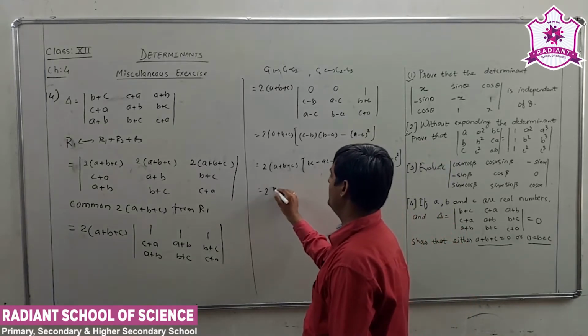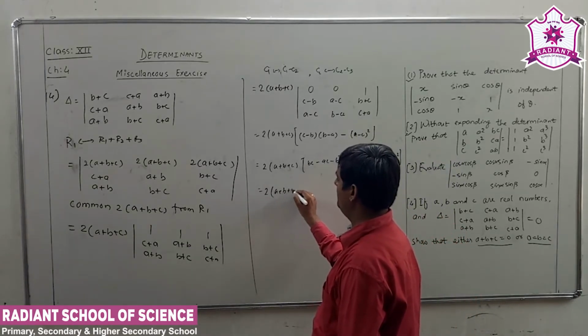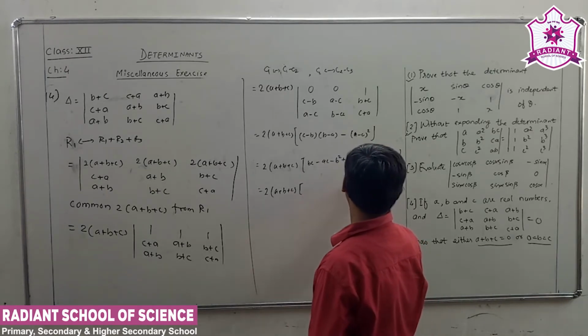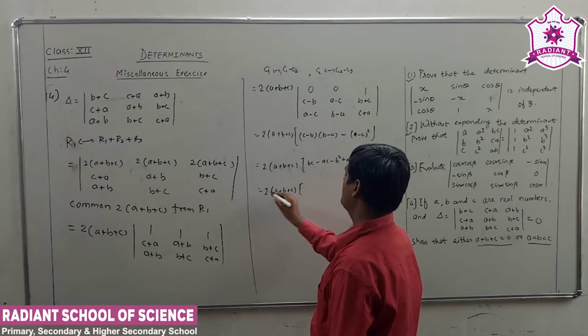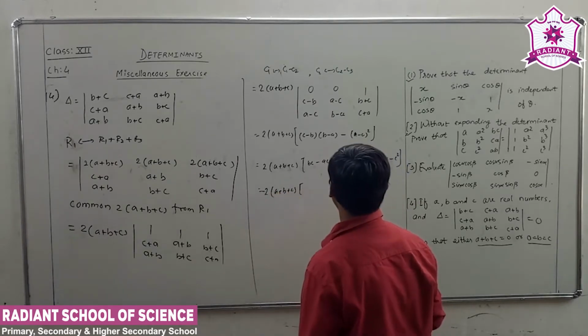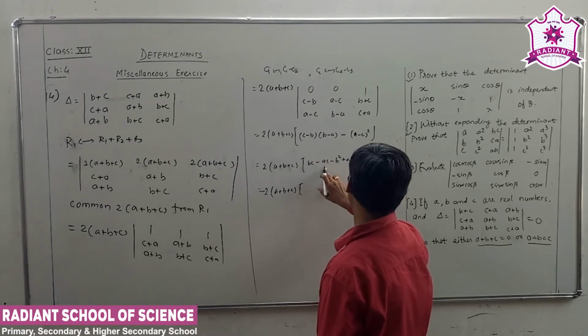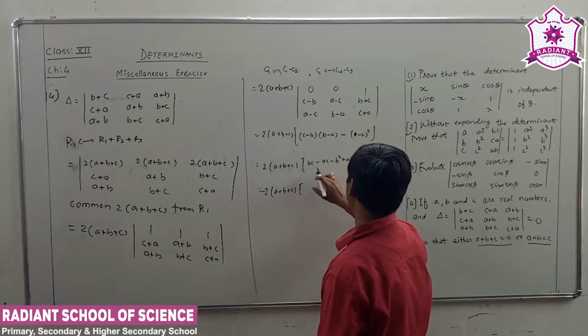Okay, so 2 as it is into A plus B plus C into bracket. Into bracket we need all negative, so negative here, all positive, that means 2AC, that means minus, so plus AC plus AB plus BC.